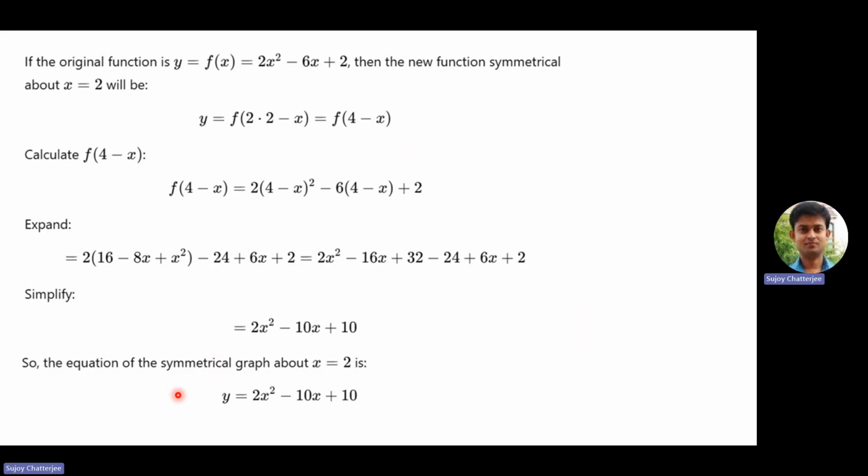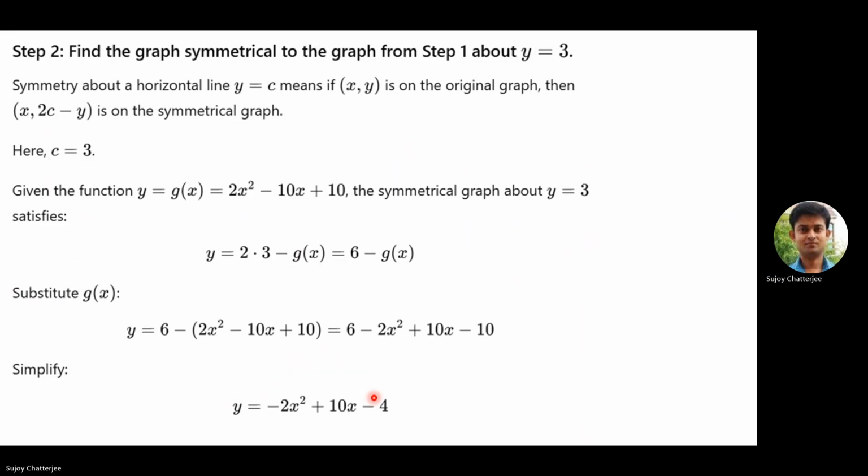So expanding this, it is a simple expansion, and then we simplify, and we finally arrive at 2x squared minus 10x plus 10. So the equation of the symmetrical graph about x equals 2 is y equals 2x squared minus 10x plus 10.